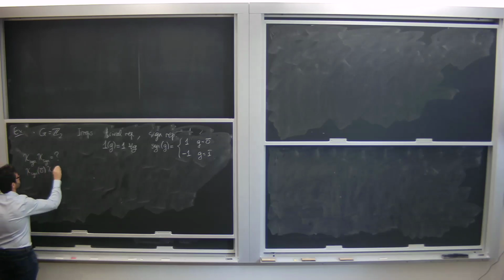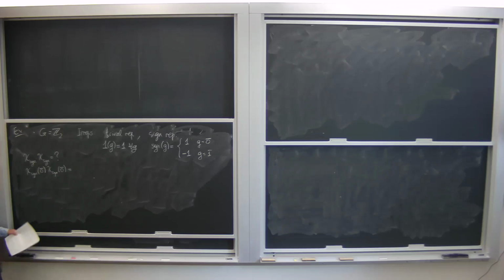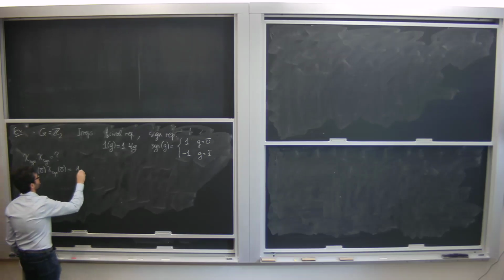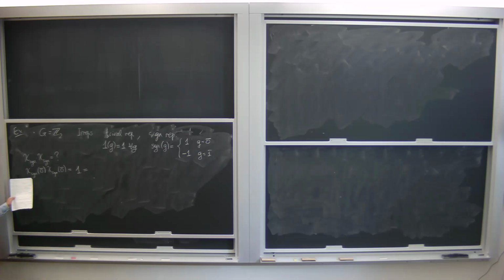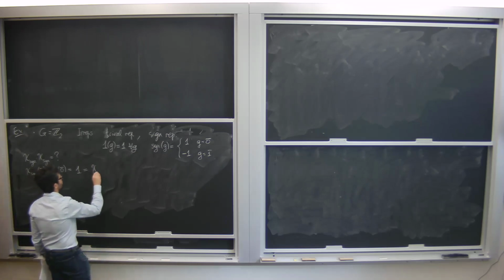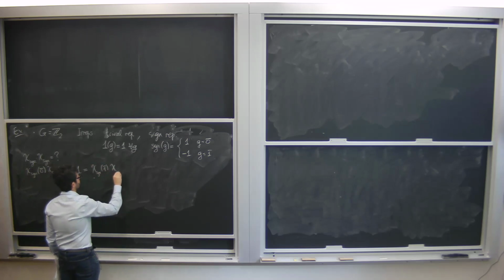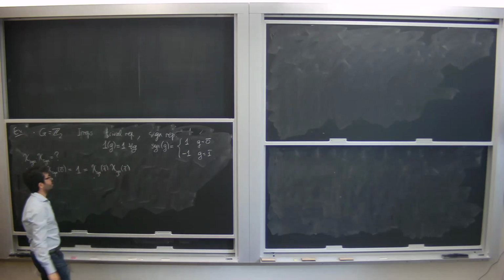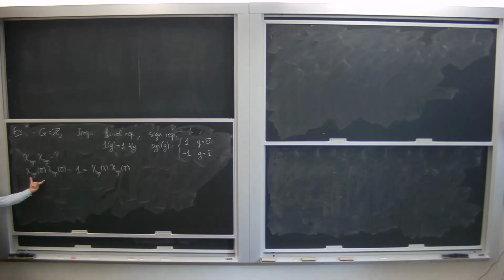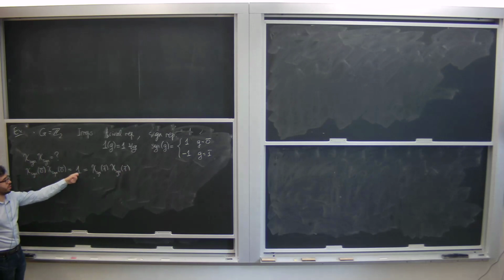If I do this, I just need to multiply the values. So I'm going to get 1 times 1. So that's 1. But that's also the case when I do chi of the sign representation evaluated at 1 times itself, because this would be -1 squared, which means that this representation, when I evaluate it at 0, gives me 1. When I evaluate it at 1, also gives me 1.